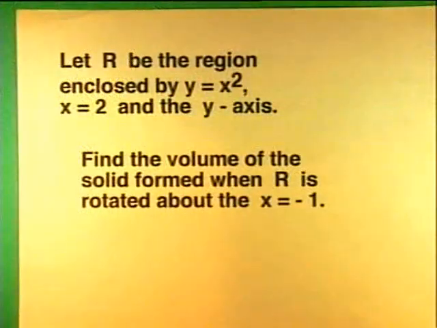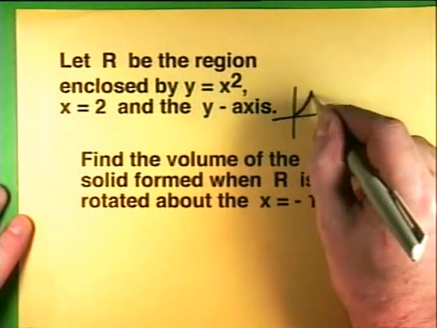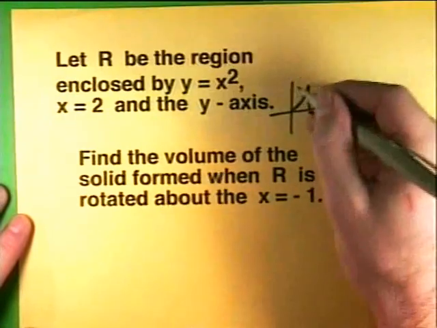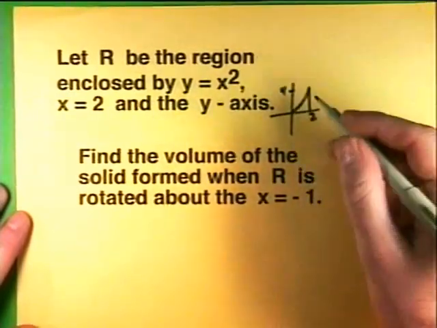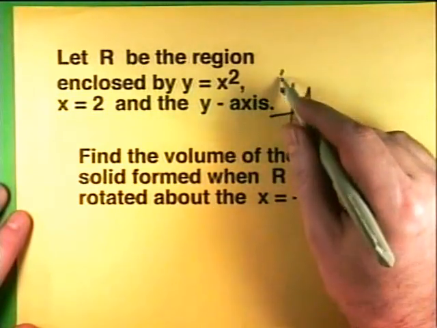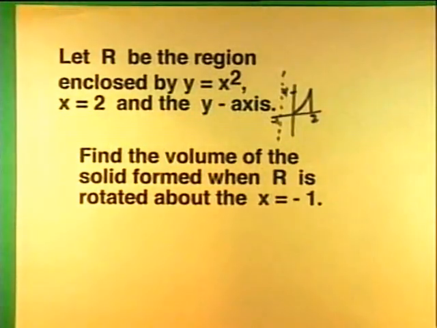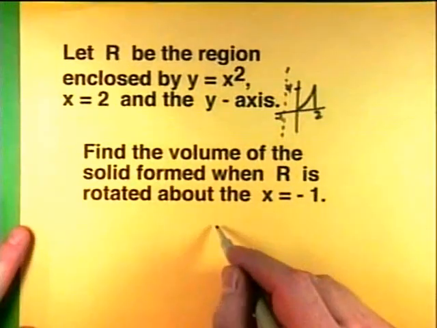We haven't done this one yet. It's the same type of region we've been doing. y equals x squared, x equals 2, and we're going to rotate about the line x equals negative 1. Okay? First of all, are we going to use 0 to 4 or 0 to 2? 0 to 4, because it's like the y-axis, right?